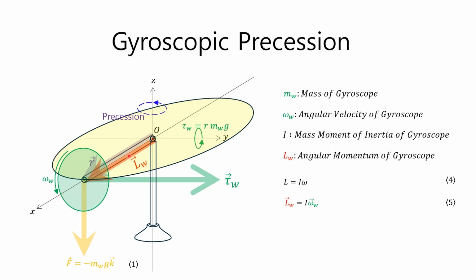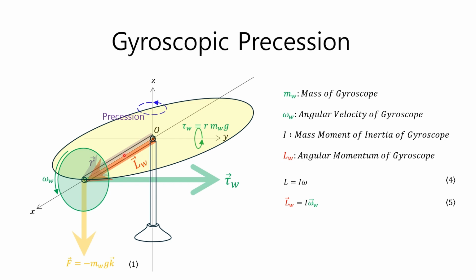The z-axis is perpendicular to the ground, the x-axis is aligned with the axis of the gyroscope, and the y-axis is perpendicular to the gyroscope shaft. mw represents the mass of the gyroscope, omega w represents the angular velocity of the gyroscope, I represents the mass moment of inertia of the gyroscope, and Lw represents the angular momentum of the gyroscope. For simplicity, the mass of the gyroscope shaft is ignored.